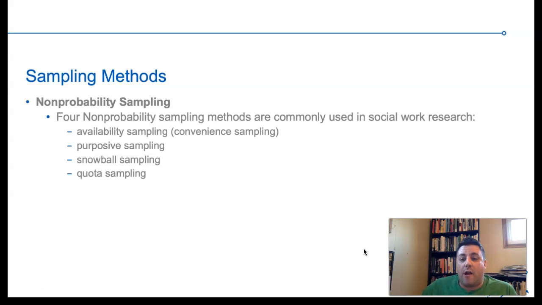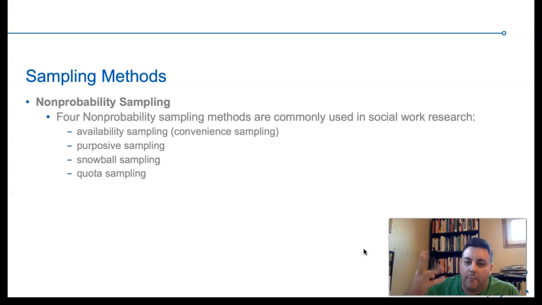So non-probability sampling you probably see more in some social work research because it's easier to do. It's not as technically complicated, and it makes use of everyone that you would encounter.